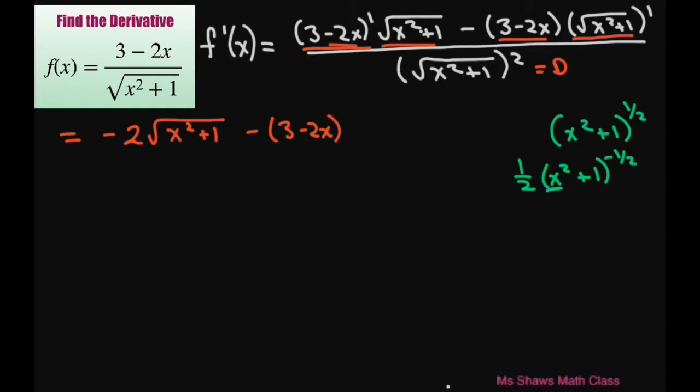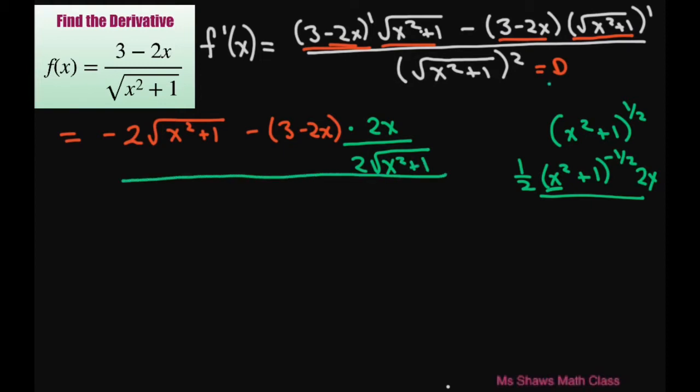Then you also multiply by the derivative of the inner function, which is 2x. So simplifying this is going to give you times 2x divided by 2 square root of x squared plus 1. And this is all divided by our denominator. I'm just going to write d for now.